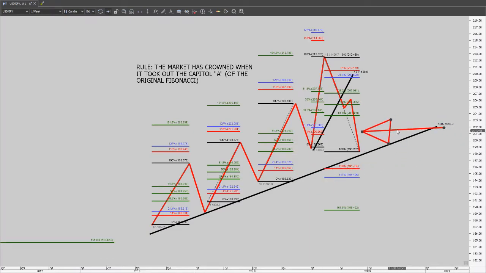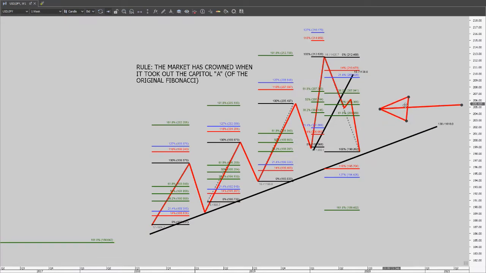Okay, if you are trading the Fibonacci's, everybody, you need to go with the Fibonacci's. Those are the rules, and those rules are non-negotiable. The market took out the A, reverse your Fibonacci's.